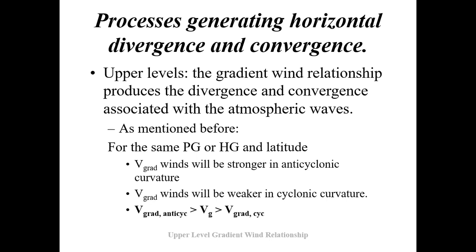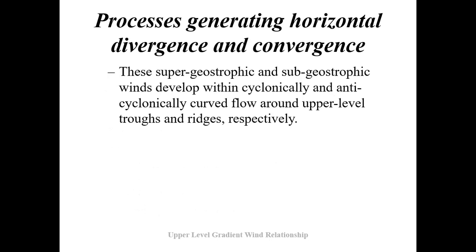Gradient winds will be weaker in those troughs, those long wave troughs. In general, those gradient winds are slower, okay, in cyclonic curvature in the long wave troughs. These supergeostrophic and subgeostrophic winds develop as a result.